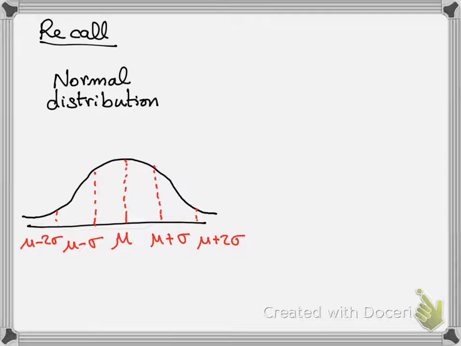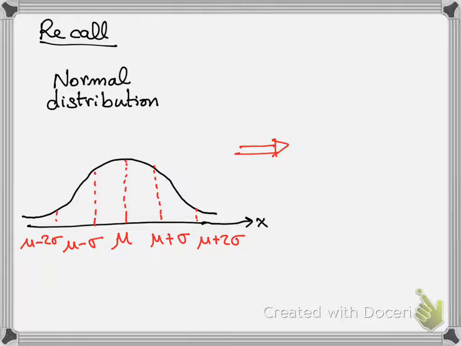So now, if you use the corresponding function with the z-score. Here the variable is x, right? Here's my x-axis.